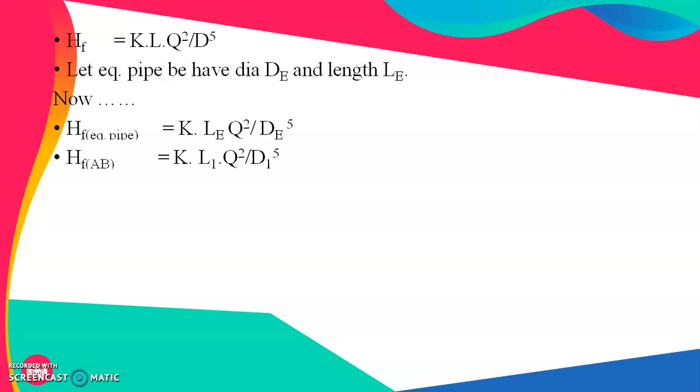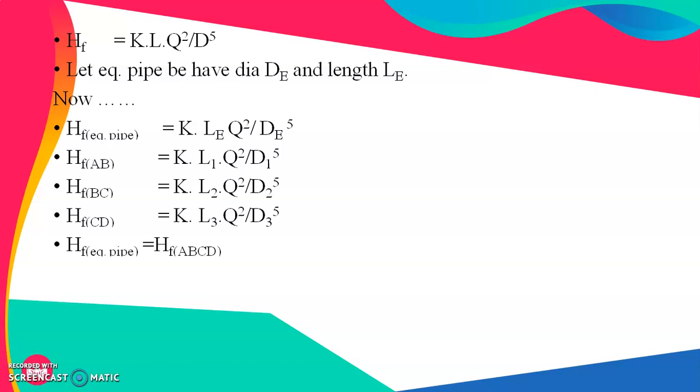While for a system consisting of different pipe segments like AB, BC and CD, the head loss can be calculated as shown in these equations. For HF of AB, it will be KL1 Q square upon D1 raised to 5. For BC, it will be KL2 Q square upon D2 raised to 5. And for segment CD, it will be KL3 Q square upon D3 raised to 5.